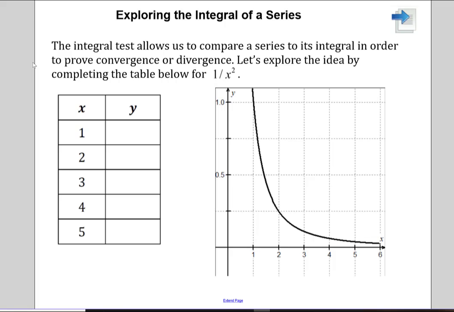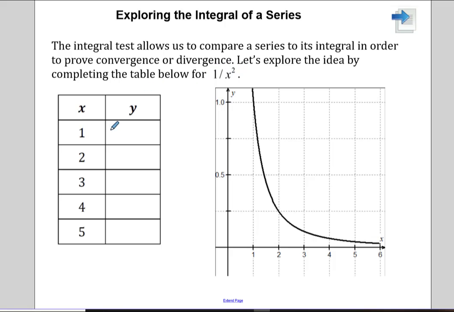We want to use the integral test to allow us to compare a series to its integral in order to prove convergence or divergence. But before we do that, let's explore the idea by completing the table below for 1 over x squared.